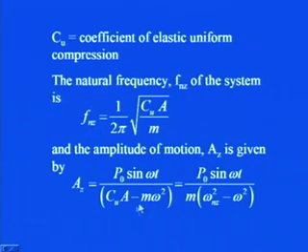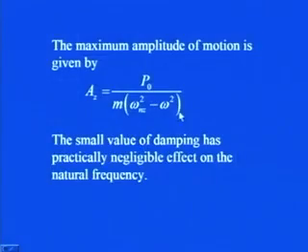So, once you take this m common out of the bracket, you will get m into omega n z square minus omega square. So, the expression for Az will become P naught sin omega t divided by m into omega n z square minus omega square. This is how you can find out the natural frequency and the corresponding amplitude for vertical vibration of the block foundation. In case we want to find out the maximum amplitude, it will occur when sin omega t is equal to 1. So, that will become P naught divided by m into omega n z square minus omega square.